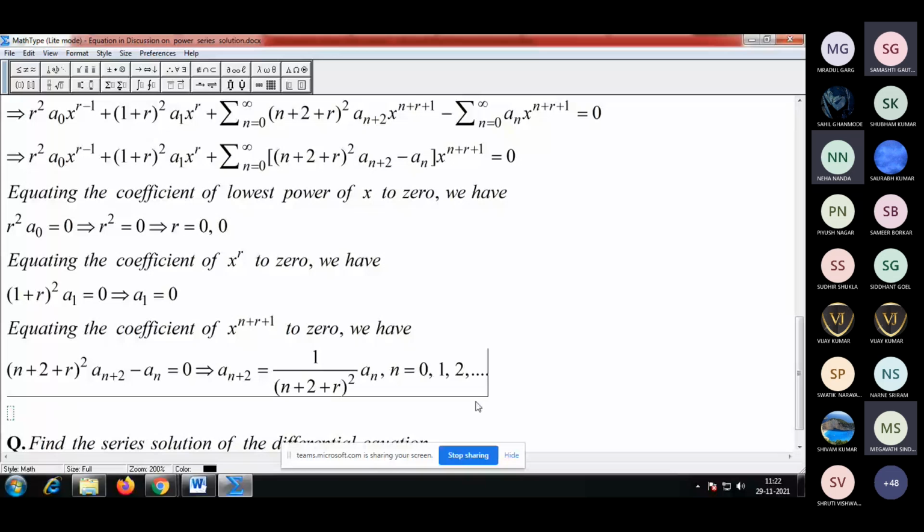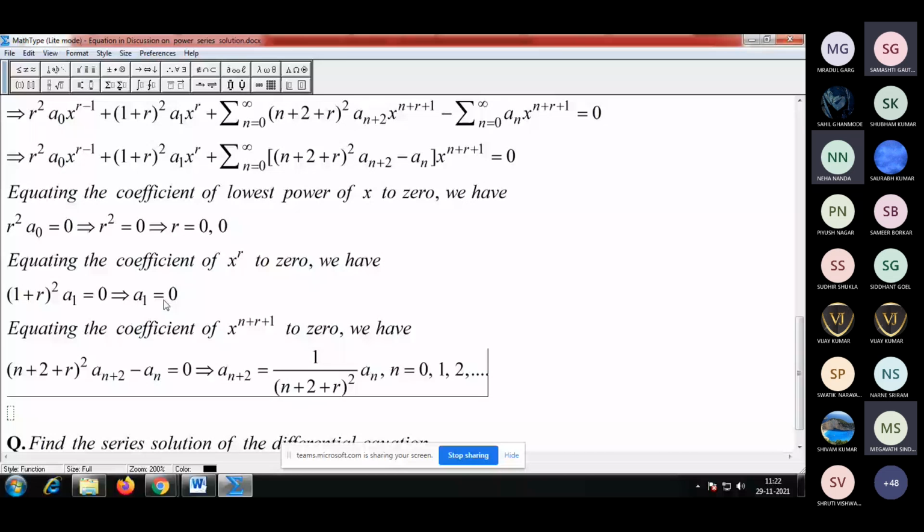So from here we may get the values of a2, a3, a4 and so on. In this way we got the values of all constants, but all these constants are in terms of r, and this is the case where both the values of r are equal.